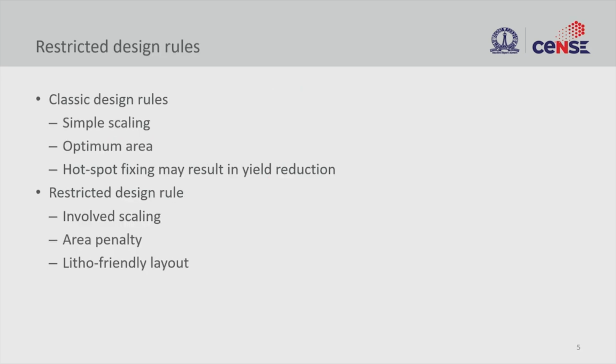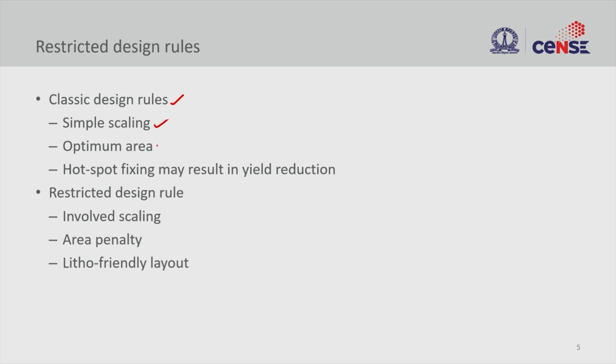And there is a difference in using the classical design rule and the restricted design rule. So when we say restricted design rule, this is the follow up of what we just discussed earlier, right? So to restrict yourself to certain configurations where the yield is going to be high. In a classic design, it's a very simple scaling strategy, right?